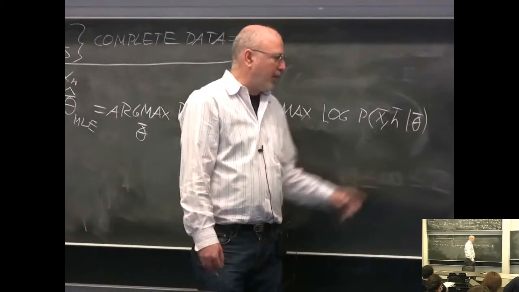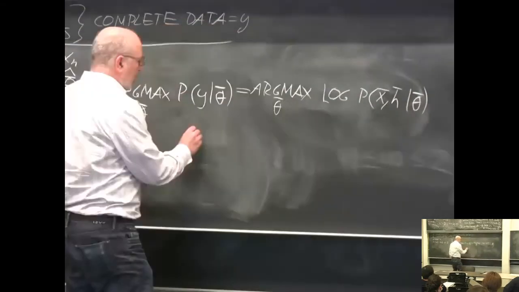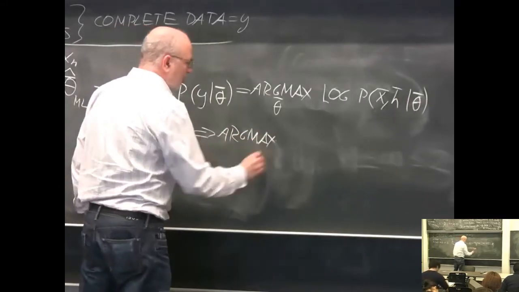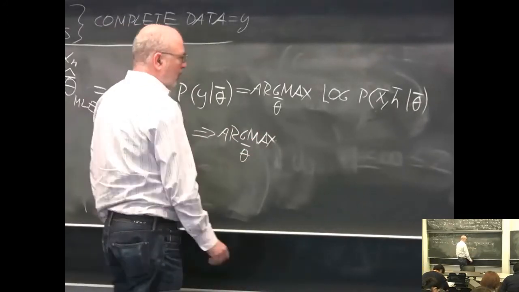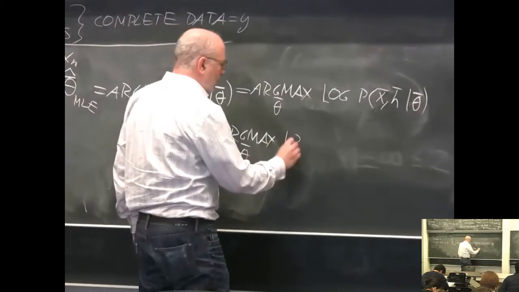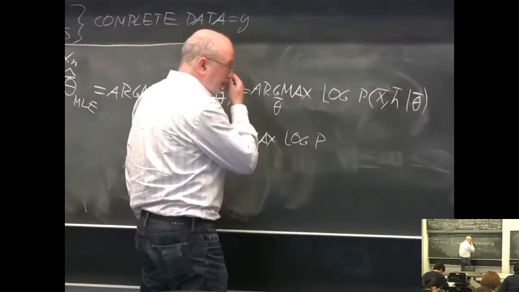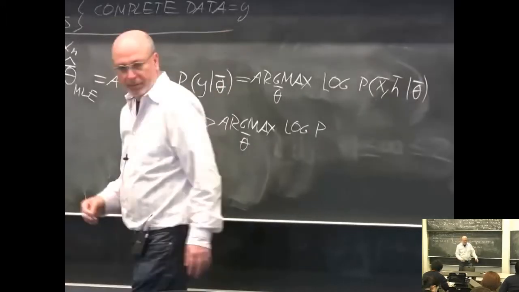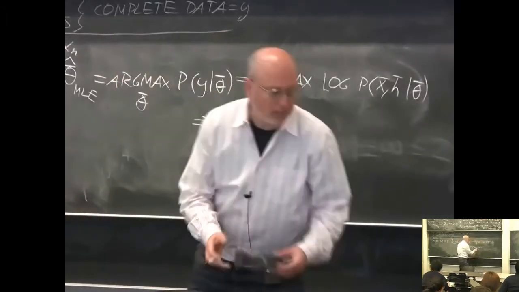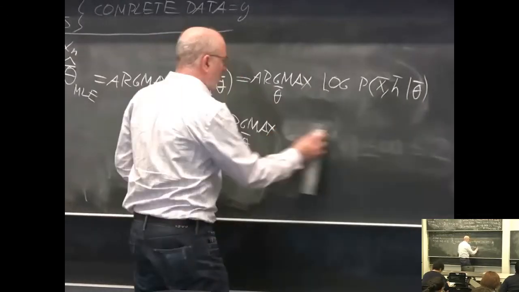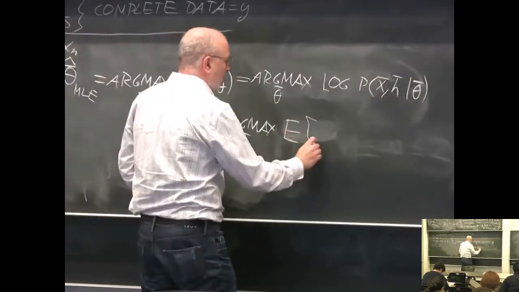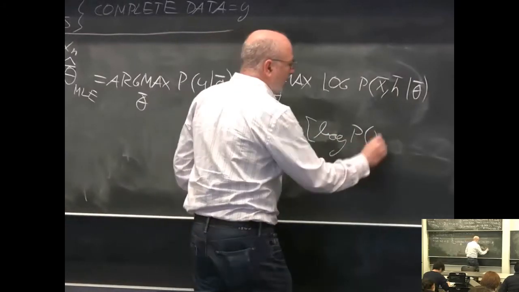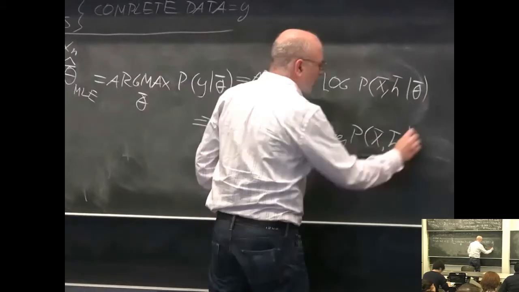If we do that, we can convert this into an argmax over the expected log probability of x and h given theta.